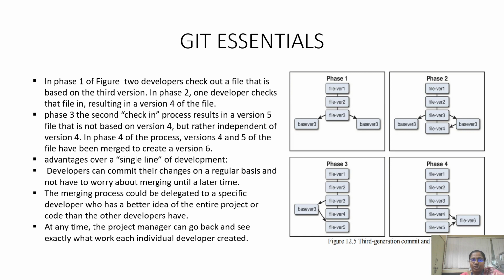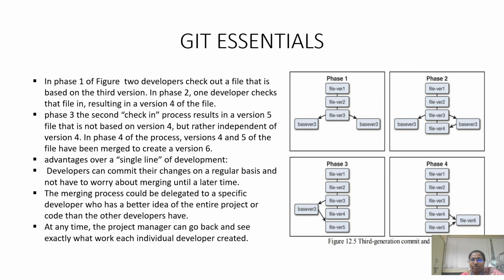So in phase 2, one developer checks the file in, resulting in a version 4 file. In phase 3, the second check-in results in a version 5 that is not based on version 4, but rather independent of version 4.